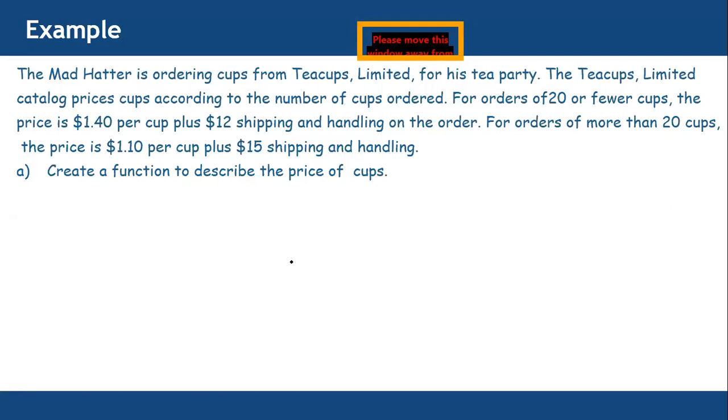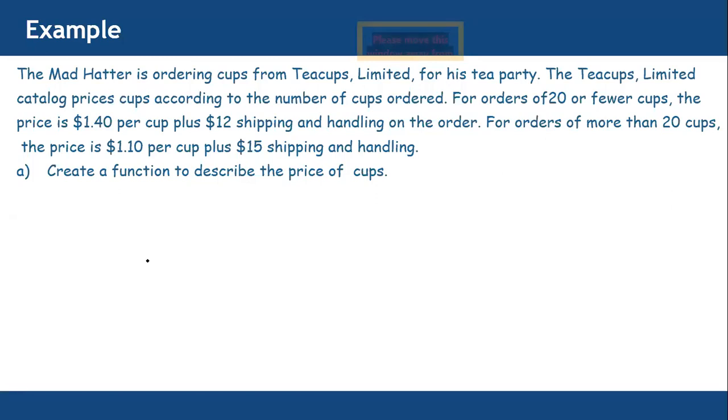Second, for orders of more than 20 cups, the price is 1.1 per cup plus 15 shipping and handling. It is two functions: up to 20 cups and more than 20 cups.